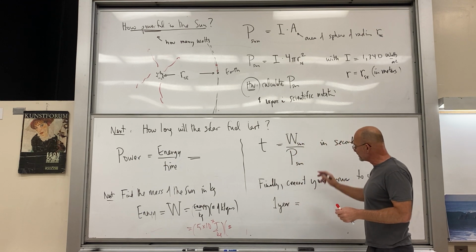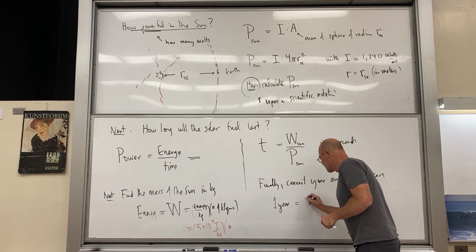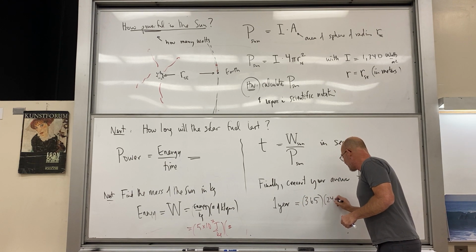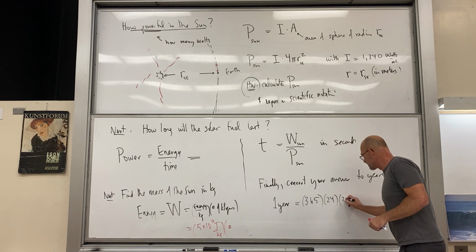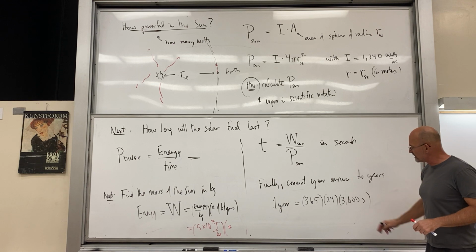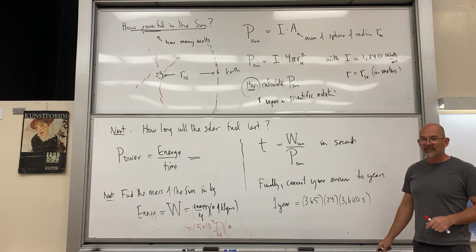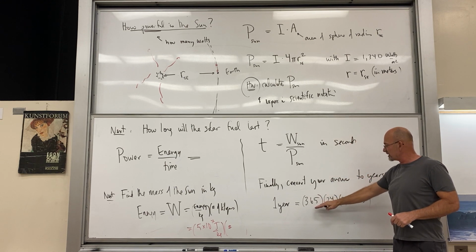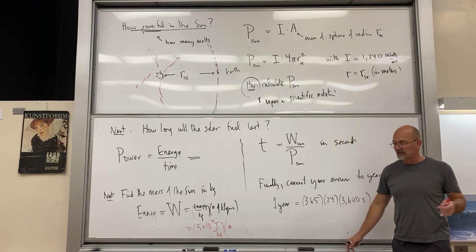You'll just be dividing by a number. 1 year is equal to 365 days, 24 hours in a day, and 3,600 seconds in an hour. So this big number here, that'll be the number of seconds in a year. You divide the answer by the number of seconds in a year, and you get the number of years.